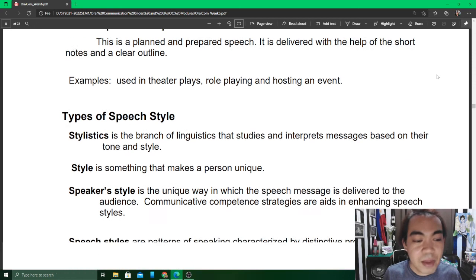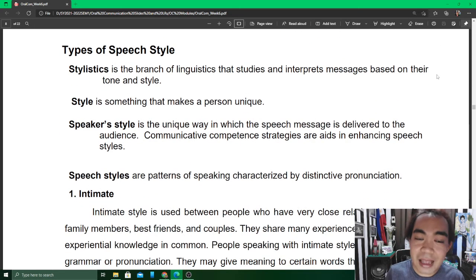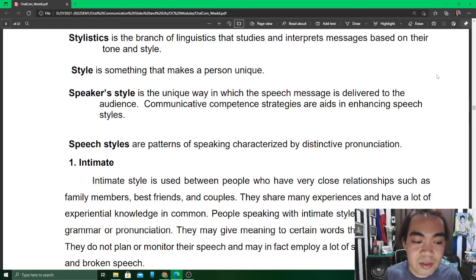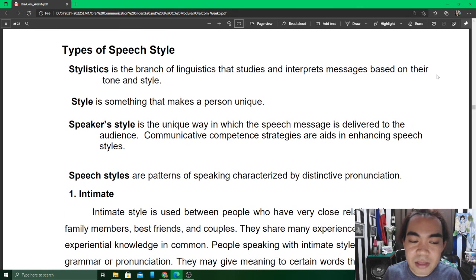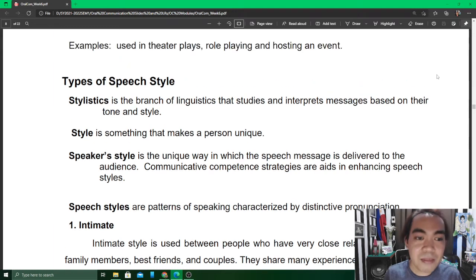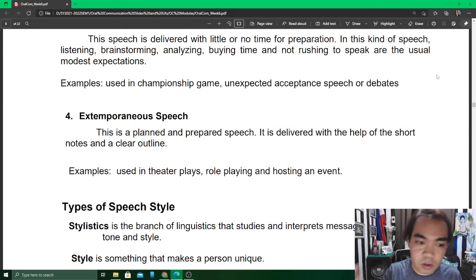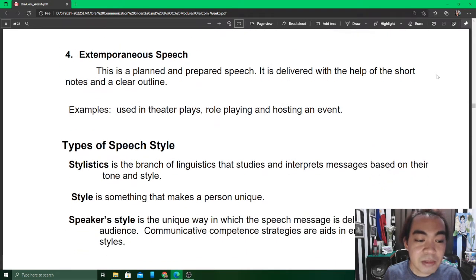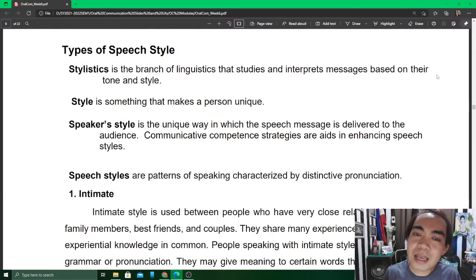Now, may pangatlo naman na type of speech style. Okay? Here, we are going to look into how speeches are delivered. Kagina to sa babaw, we have based on purpose, then we have speech based on delivery, and then this time sa speech style naman niya, based sa kung paano siya i-deliver at kung sino ang audience.